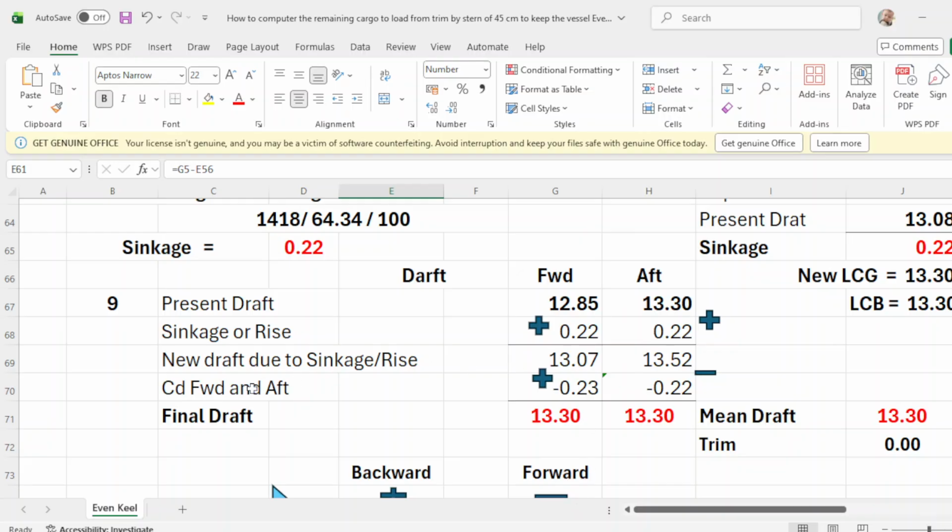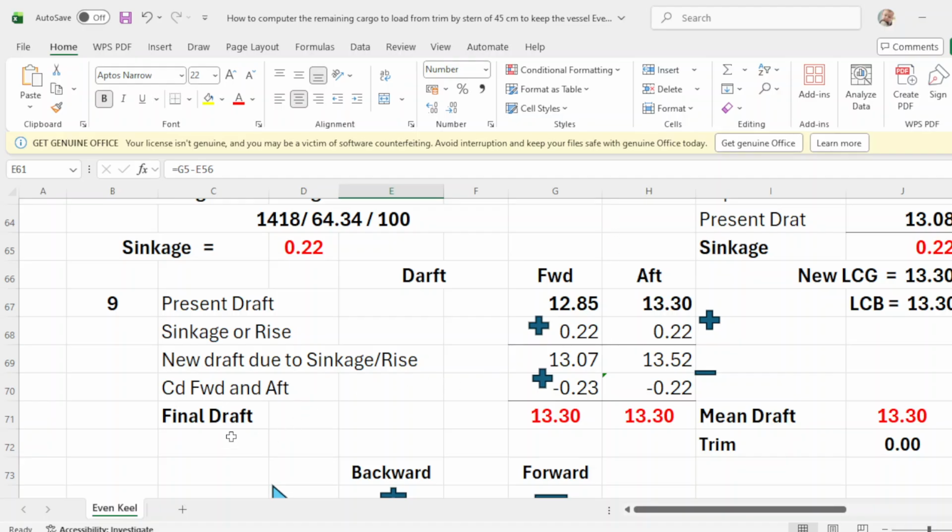That's why when you add your sinkage of 22 centimeters at forward and up, then your new drop due to sinkage will be 13.07. You add this one, and you add this one, that will be 13.52, because of the sinkage of this weight of cargo that you're going to load in the vessel.